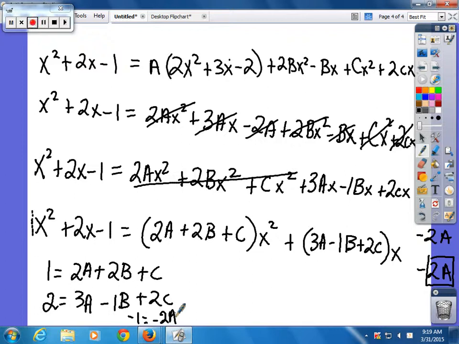So what are you going to do with that A is equal to 1/2? Plug it in, so now you'll have 2 equations and how many unknowns? 2. And now you can solve it. And you feel good about yourself. Will that be the final product? No, we haven't even done the calculus yet. We just review it over partial fractions.